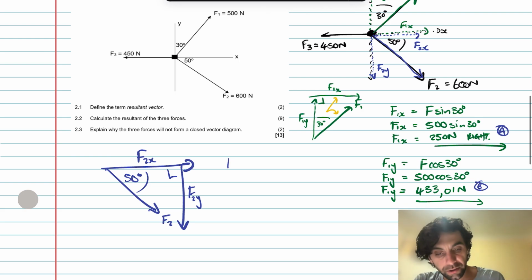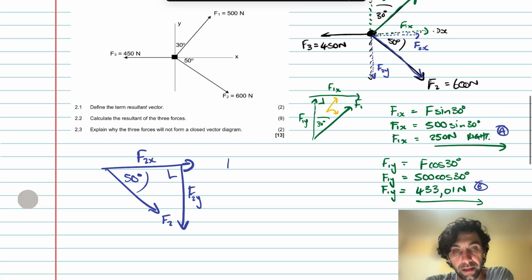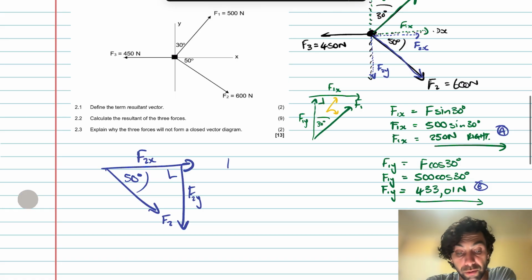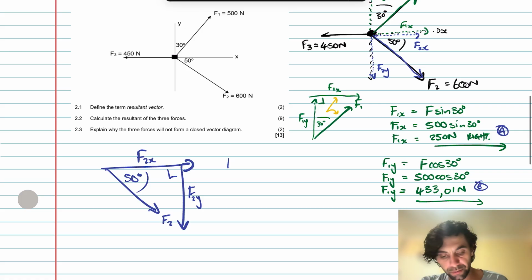Notice before the x component was sine, but now the x component of this one is cos, which means that it depends where this angle is. It would be a different story if they gave us this angle here. But we actually know that this angle is going to be 40 degrees because this is a 90-degree angle over here. So you could use that 40 degrees, but you would use sine instead of cos in that situation.